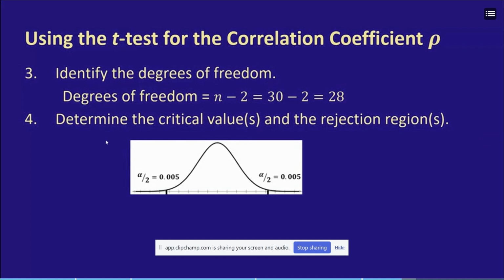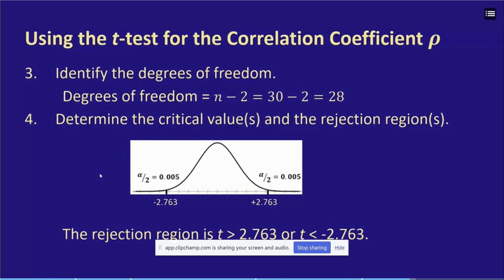For a probability of 0.005, we can find the critical values of negative 2.763 and positive 2.763. We use these critical values to determine the rejection region, which in this case will be a test statistic t greater than 2.763, or a test statistic t that's less than negative 2.763.